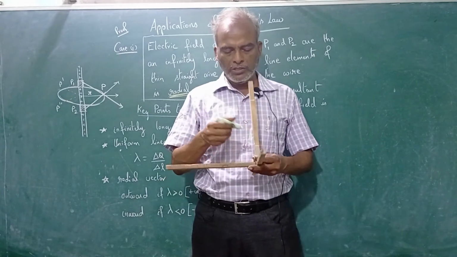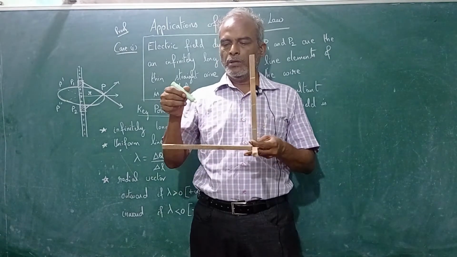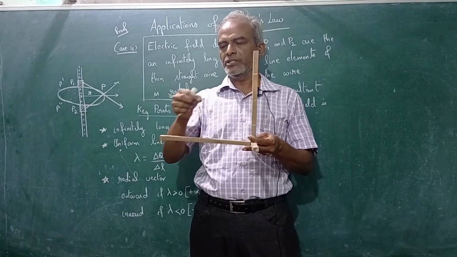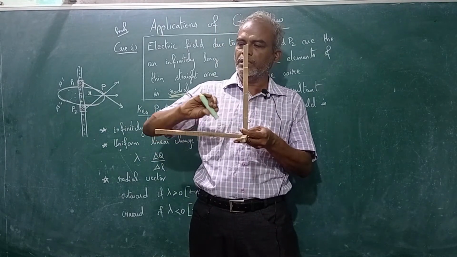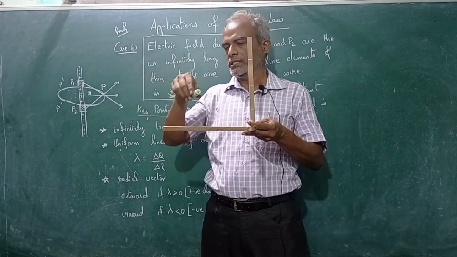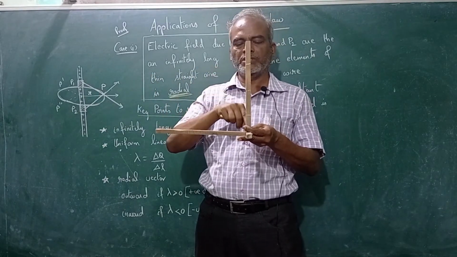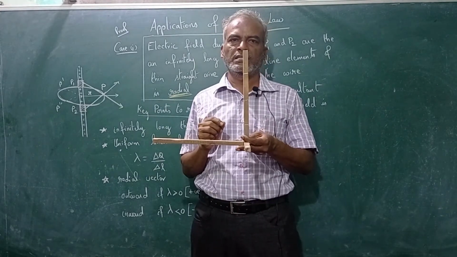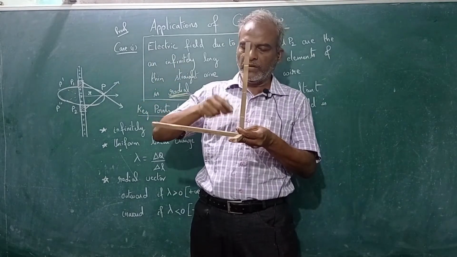Now these 2 points are acting. So this will be the midpoint. So now this is going to act in this direction. This is going to act in this direction. So this vector will go in this direction. And this vector will go in this direction. Since the wire element has a uniform density, we have to find the resultant.